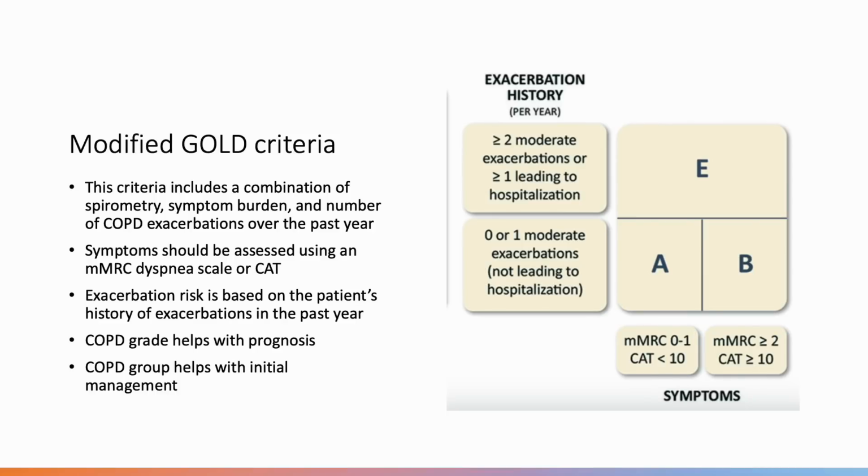Symptoms should be assessed using an MMRC dyspnea scale or CAT, as seen on the x-axis. The y-axis is the exacerbation risk based on the patient's history of exacerbations in the past 1 year.